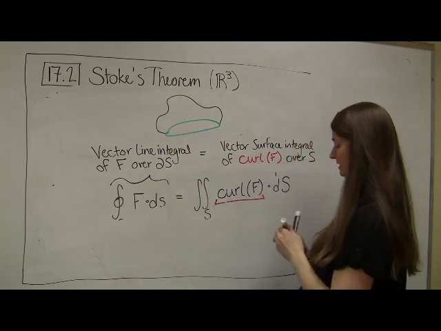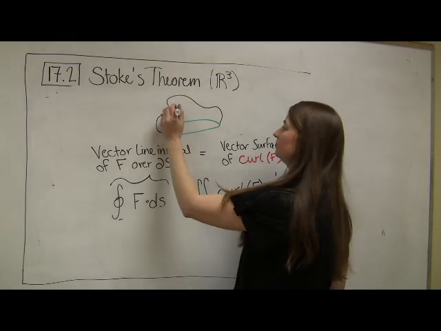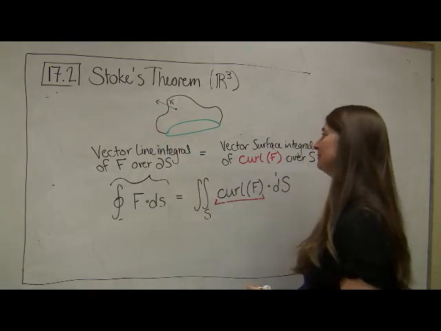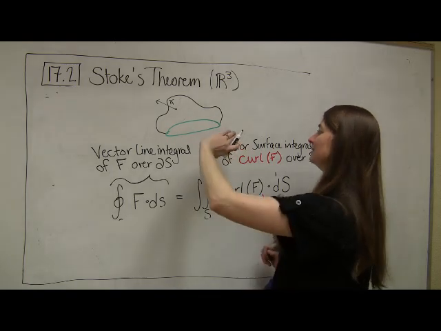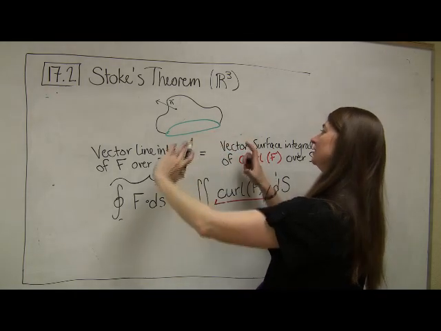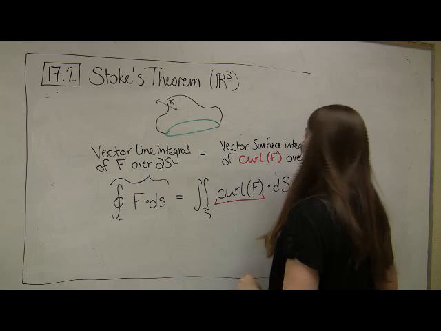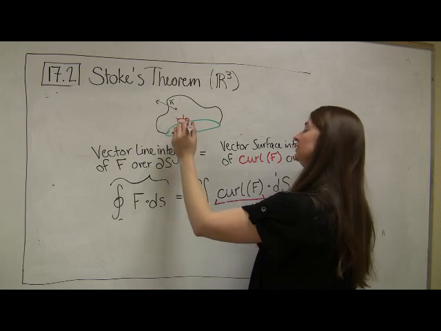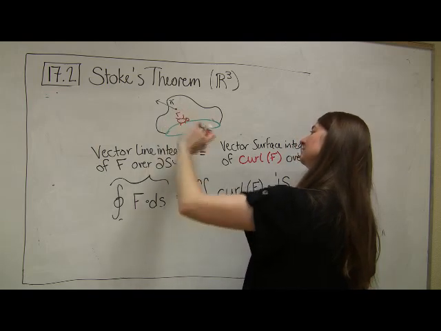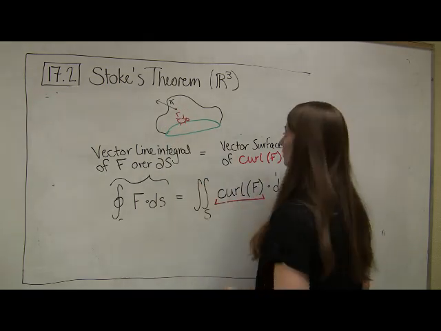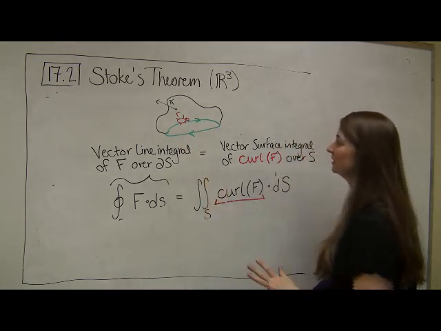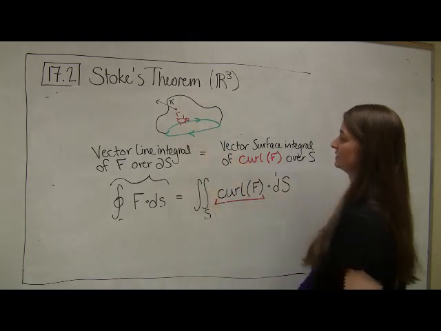And I have to think to myself, if I have an outward pointing normal vector, this is my normal vector pointing out, and my turtle is going to walk, I need to make sure that I keep the region on the left for my turtle. So drawing my turtle. Uh-oh, too many legs on the turtle. The region has to be on the left of the turtle, so it means that I'm going to orient this boundary this way.